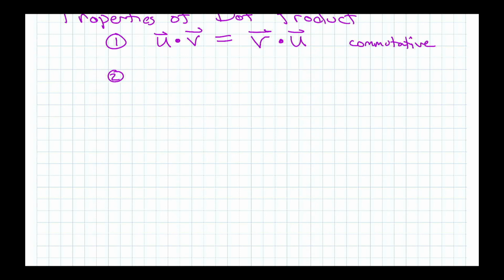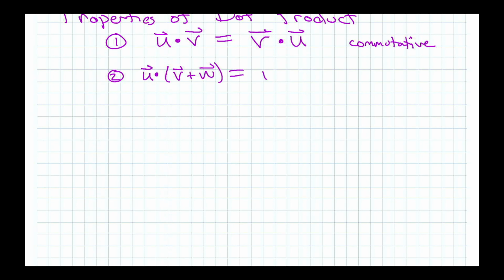Now, the second property that we care about is the distributive property. So if you do u dot (v plus w), all of those are vectors, and we have the parentheses on the v and the w, and then we do the dot product with that result, it turns out that you can take this u and distribute it across the v and the w.